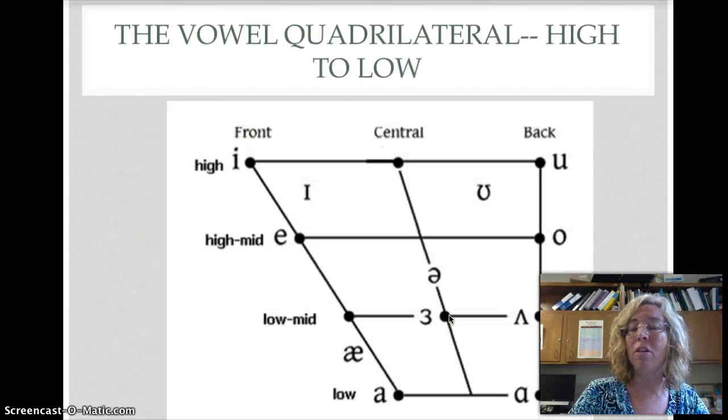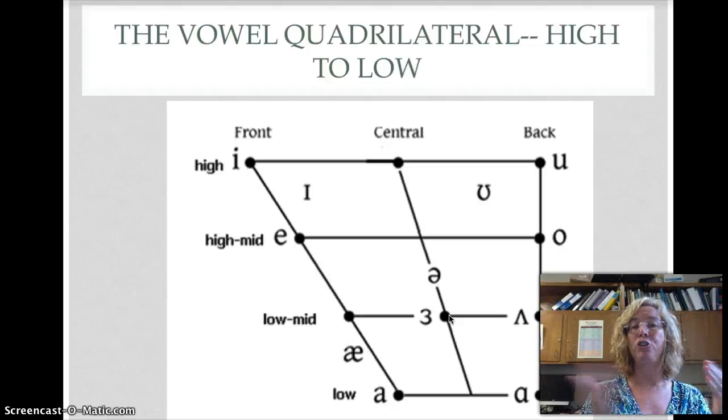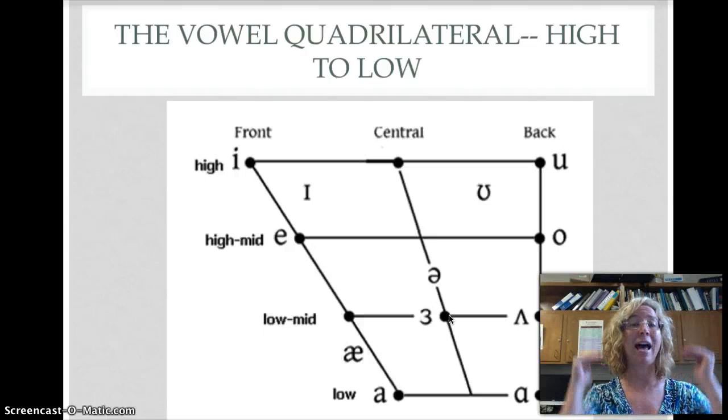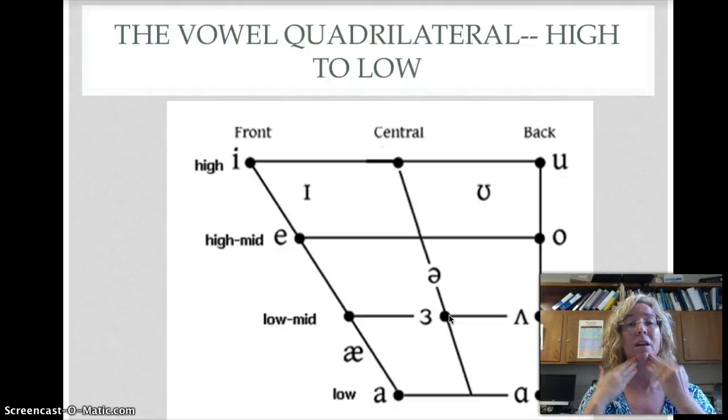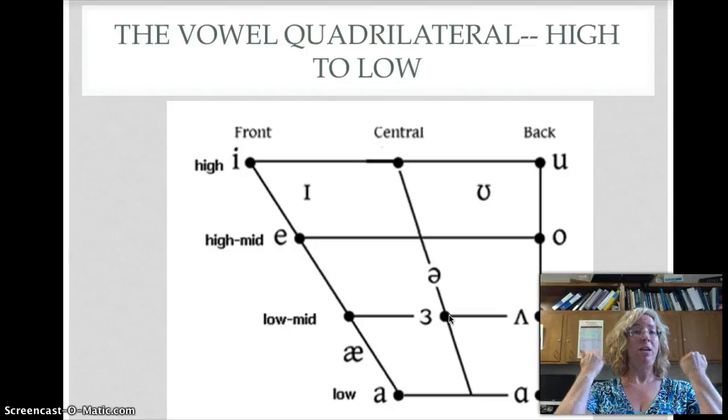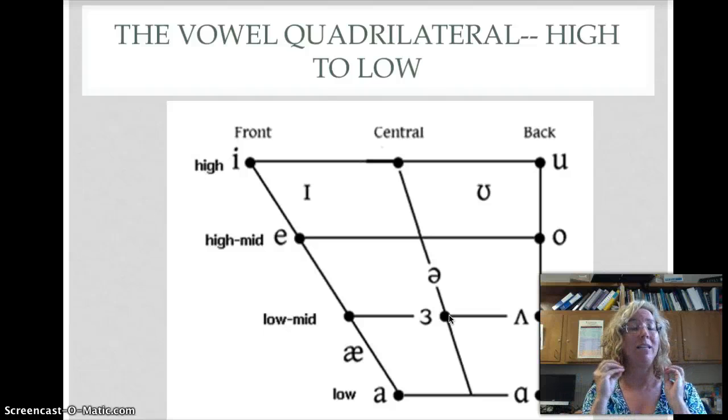We have what we call the vowel quadrilateral, and it's basically showing you where the vowels are made in the mouth. We can think about vowels as they are either high in the mouth or low in the mouth. They can be in the front of the mouth or in the middle, or they can be back. And we're talking about where the tongue is.